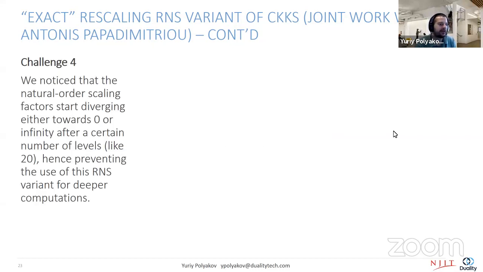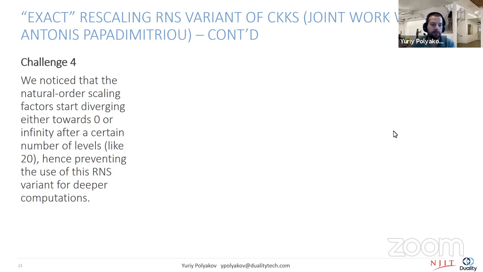Then there was another challenge. With these scaling factors that are different for each level, we noticed that the scaling factor computation means squaring and division every time for every level.